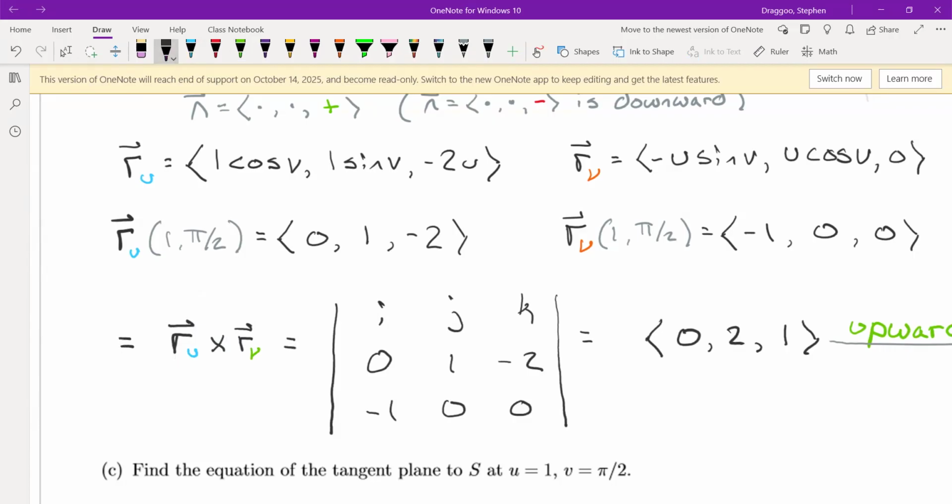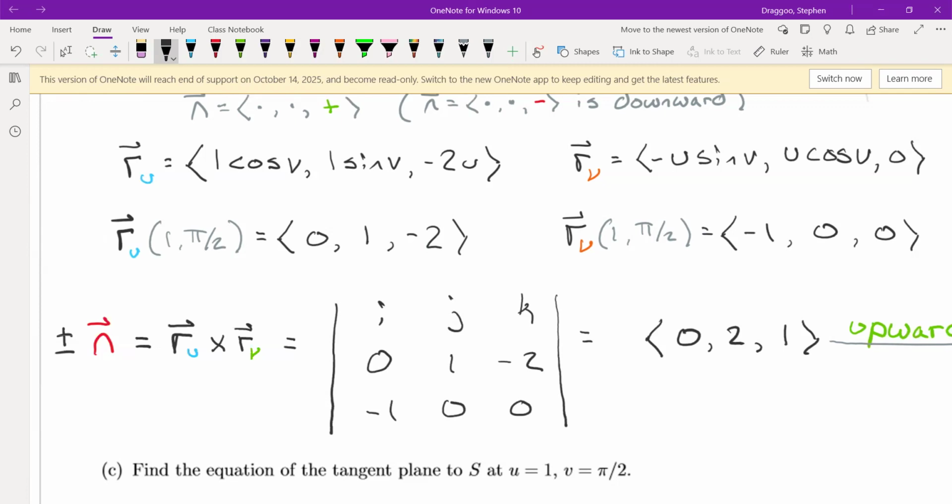And what I really know is that this cross product, r_u cross r_v, which I know I wanted to say is a normal vector, I should probably add a plus or a minus here to deal with the fact that when I get the normal vector in the end, it might be pointing up or it might be pointing down. I won't really know until I multiply it all out.